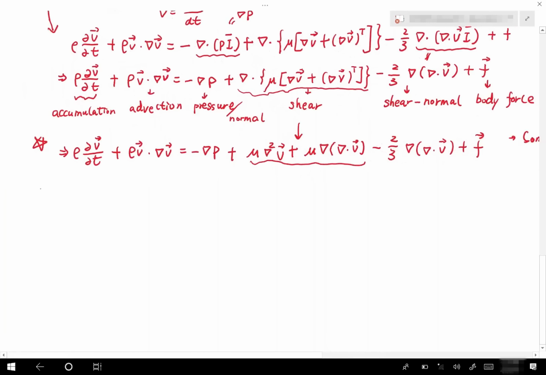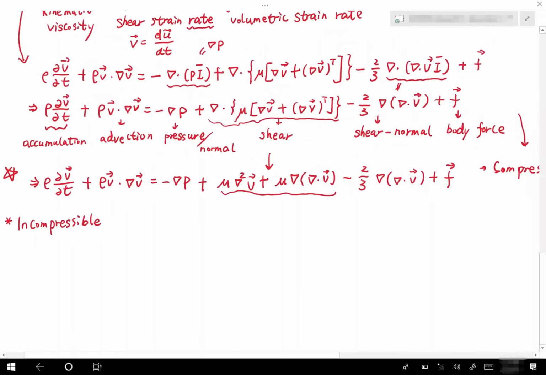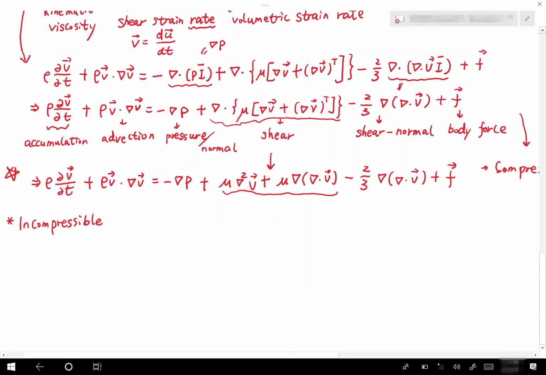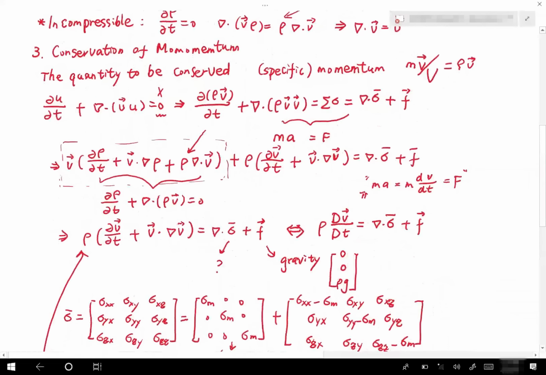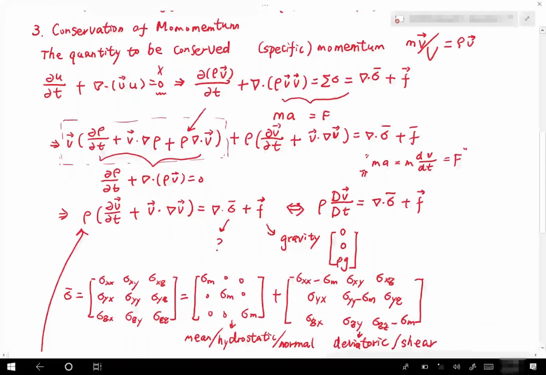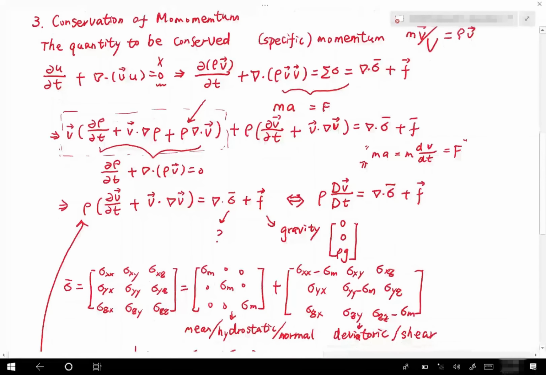So what's going to happen if it is incompressible? Can you guys derive the equation? If we go back to here, the divergence of V is zero, right?